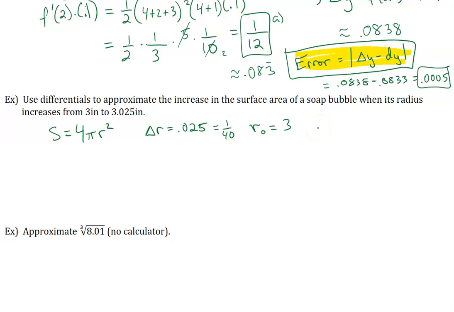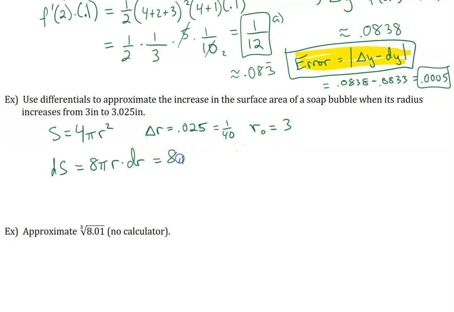All right, so we are approximating the increase in surface area, okay? So we want to approximate delta S with dS. To find the differential of S, we take the derivative of this, which is going to be 8 pi r times dr, and then we are plugging in these values.